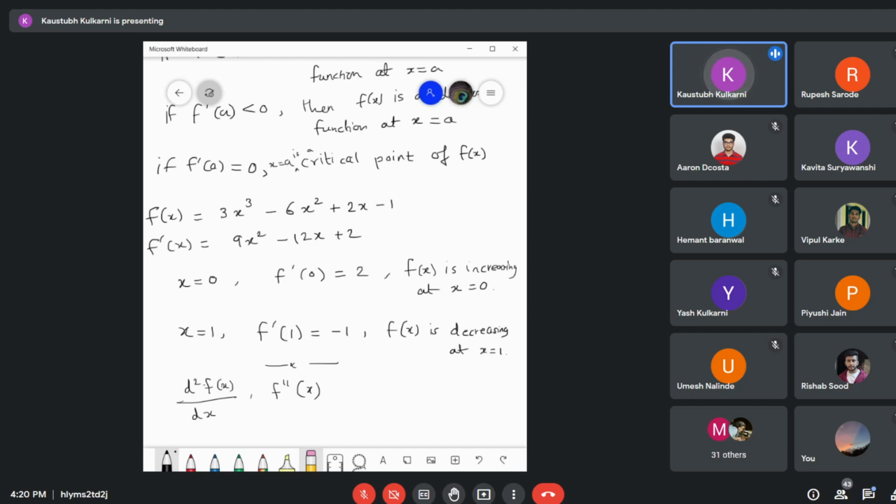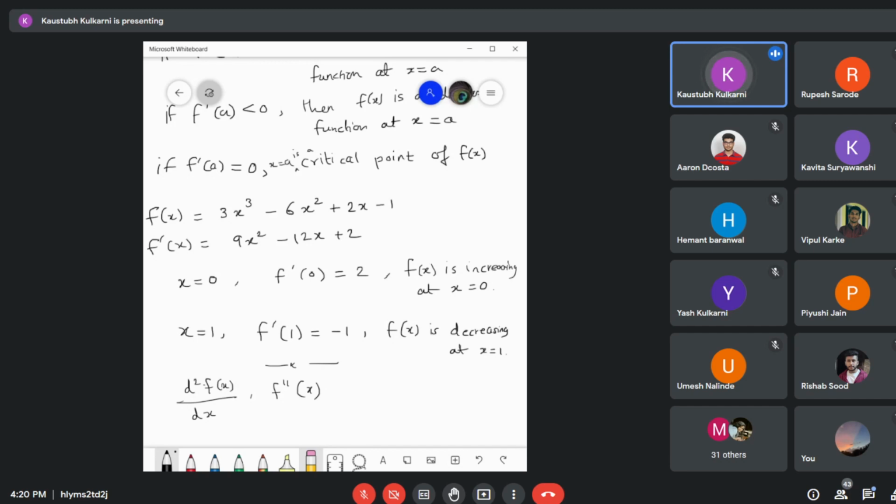So while the first derivative tells us whether the function is increasing or decreasing, the second derivative will tell us whether the first derivative is increasing or decreasing. Do you get this point? You are finding the first derivative of the first derivative.